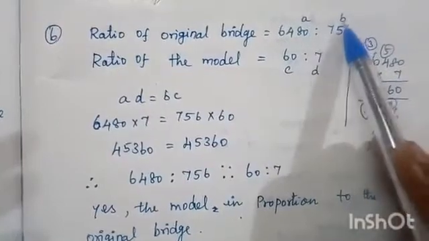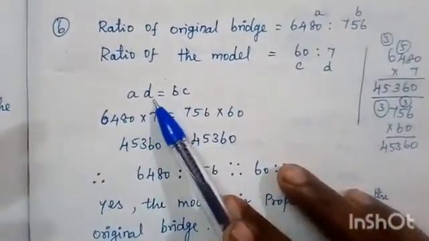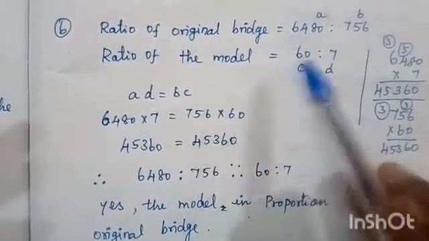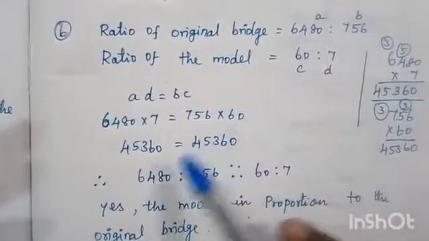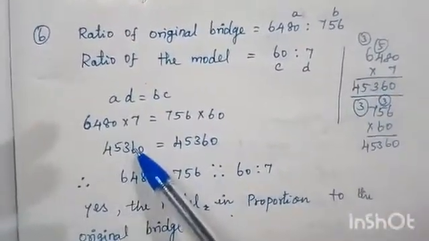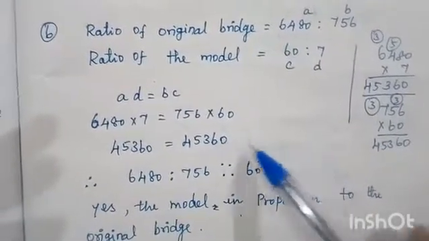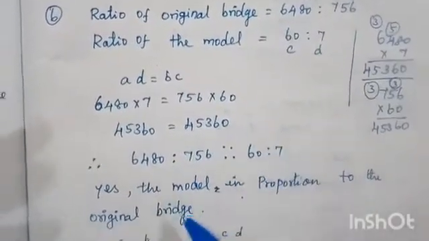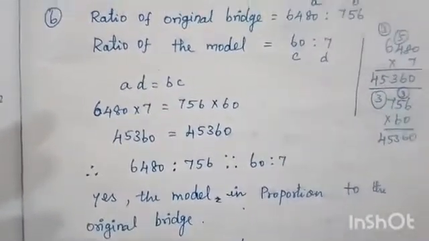First ratio A, B, second C, D. Write the proportionality formula: A into D is equal to B into C. You have to do the normal multiplication. You get the same answer for the product of extremes and the product of means. So we conclude they are in proportion. Yes, the model is in proportion to the original bridge.